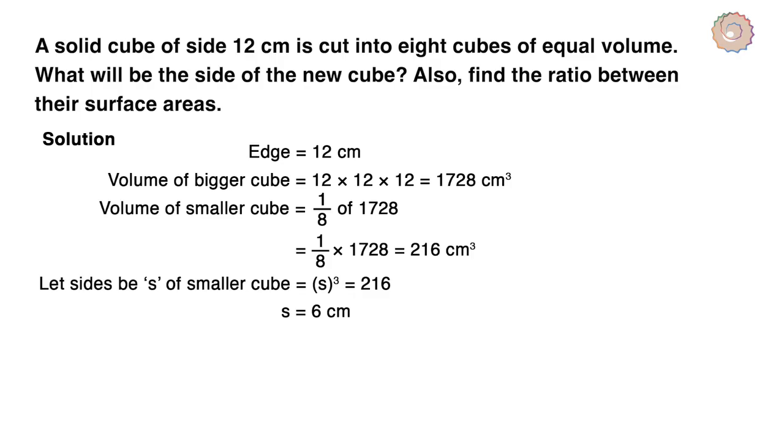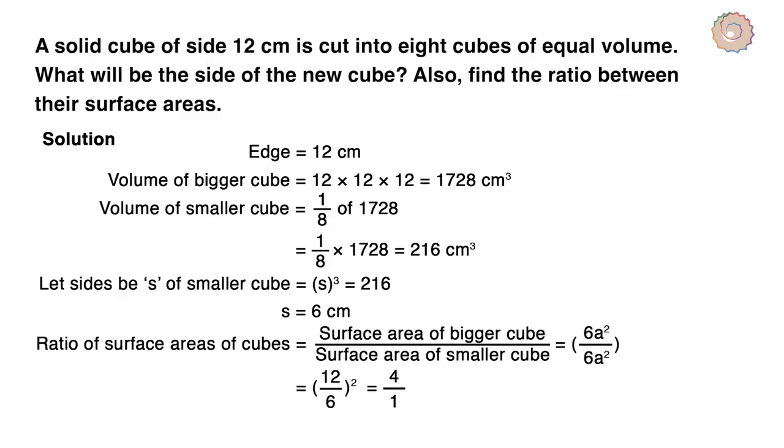Solving for S, we get 6 cm. Ratio of surface area of cubes is equal to surface area of bigger cube divided by surface area of smaller cube, which is equal to 6a square divided by 6a square, giving you 1. Therefore, the ratio between their surface area is equal to 4:1.